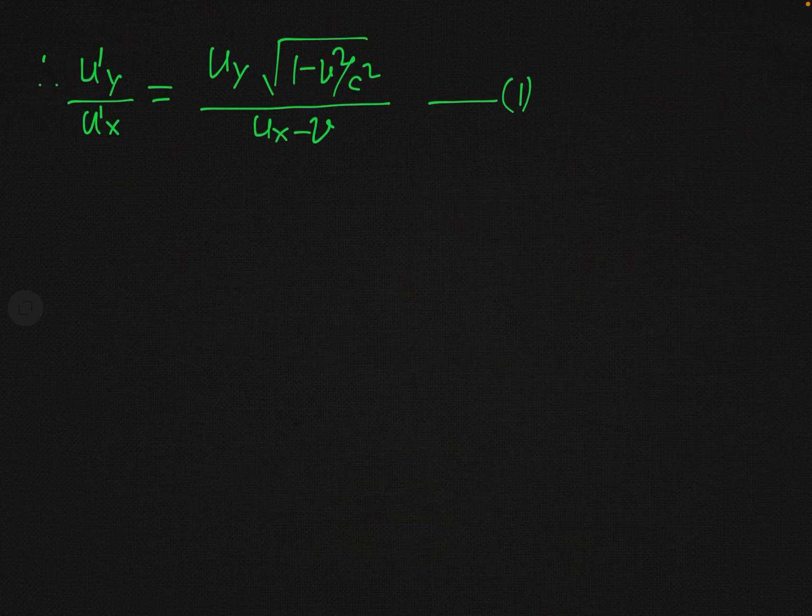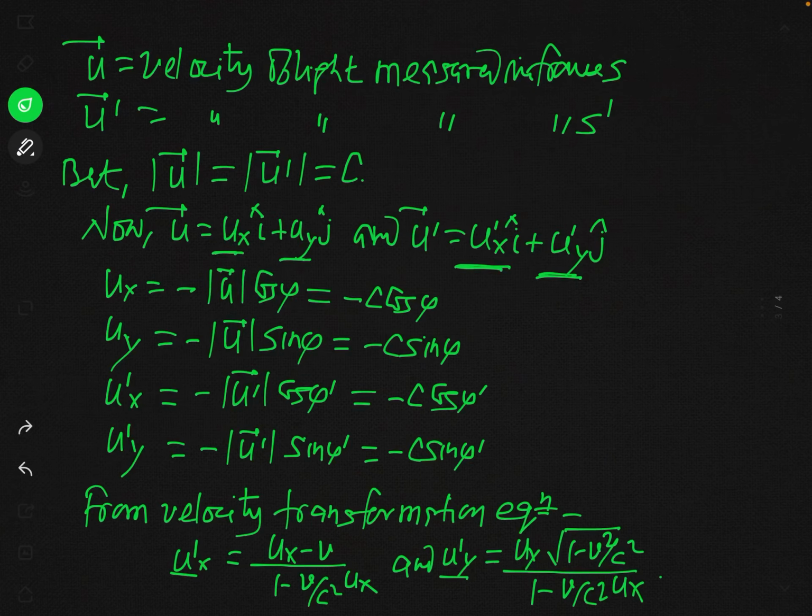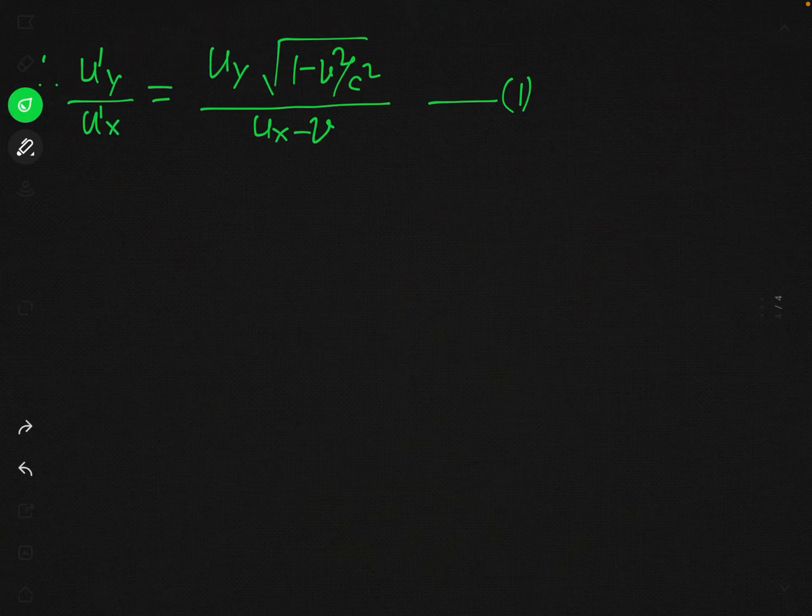Now let us substitute the values of u prime y, u prime x, ux and uy as we have obtained here. You can see we have actually obtained all these components here. So from here, let us substitute the values of all these four components of velocity.